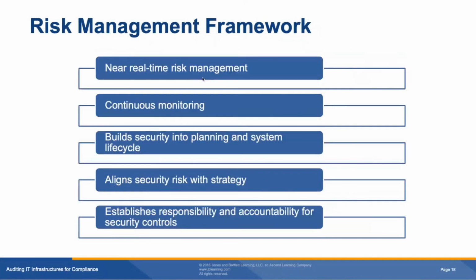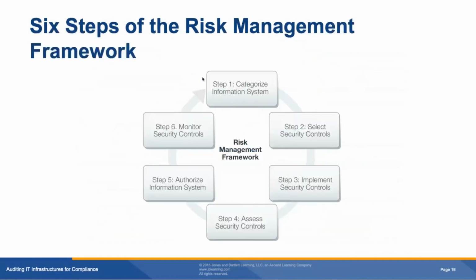Right. Remember last chapter, risk management framework. You have a risk management cycle. You have continuous monitoring. You're building security into the planning and system life cycle. Right. It makes it a strategy for the company. So just remember, we have the risk management from last chapter going on. We saw these steps for the risk management.